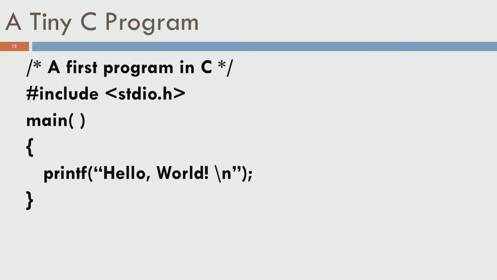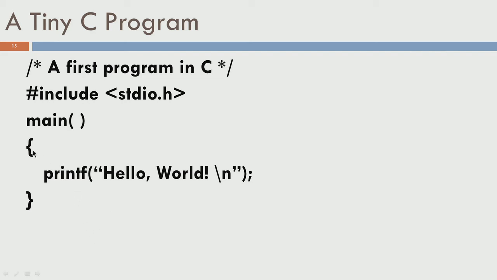So, you may not understand it right away, but it is really tiny, it has only 6 lines of code. The first line is actually a comment, it says a first program in C, and the next line says hash include stdio.h. There is this so called function by name main, and there is exactly one statement inside this main.